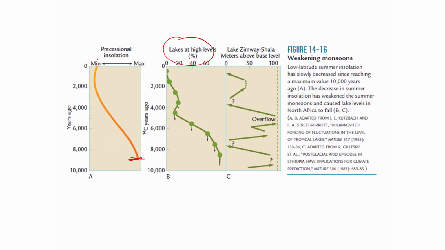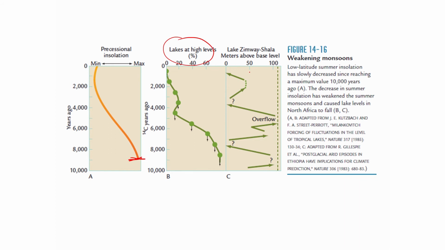This was essentially one of John Kutzbach's ideas, the insolation forcing of the monsoon. When he proposed it originally in the early 1980s, people were skeptical, but since then we have found many pieces of evidence like this which show that in fact there is a high correlation between insolation forcing and monsoonal response.